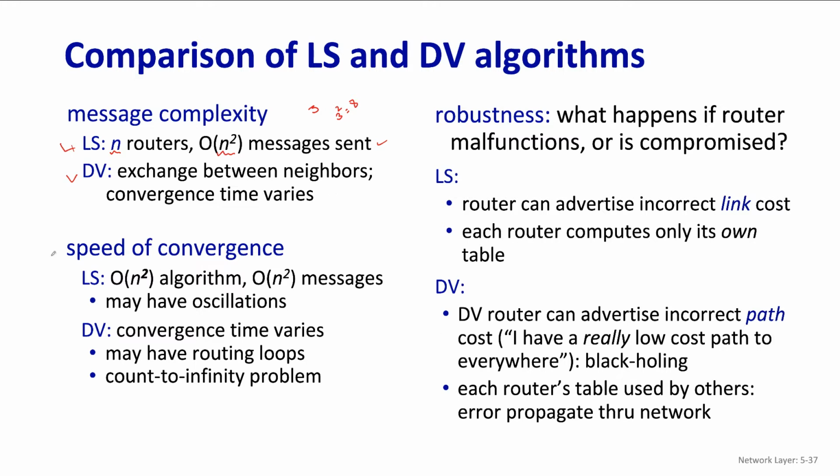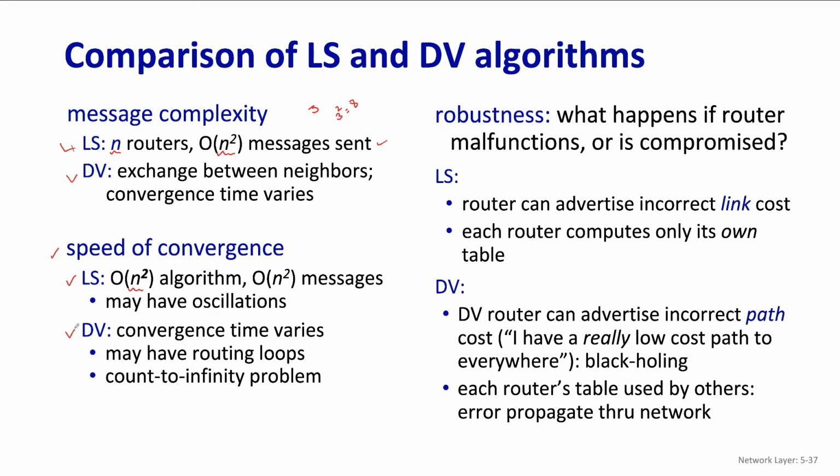So the speed of convergence is the second characteristic that you can compare between these two categories. When it comes to link state, it's the same thing. It's n squared. This is the complexity of this kind of algorithm.